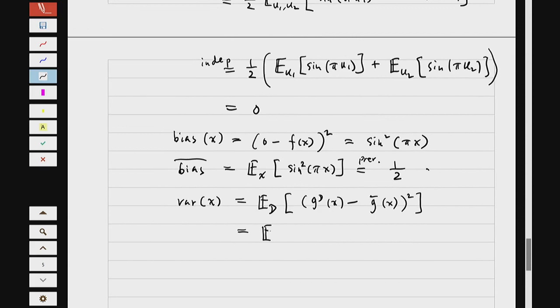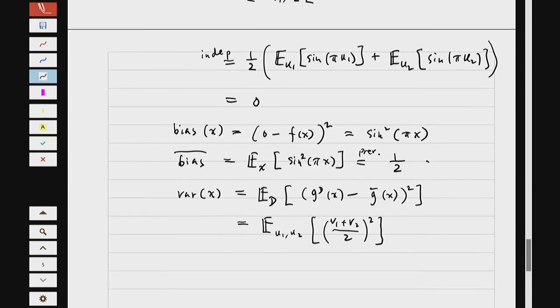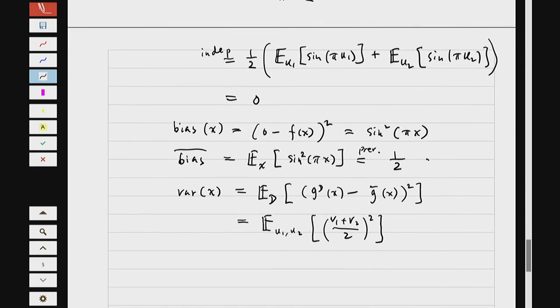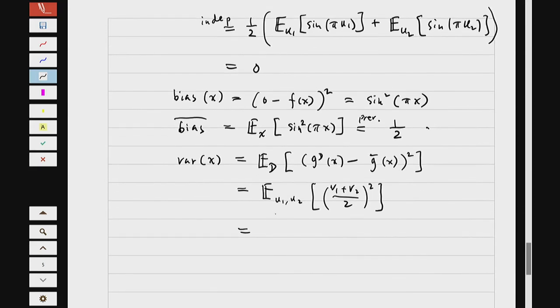And again, this D I can write as U1, U2, and G bar is 0, so this is V1 plus V2 over 2, that's our GD. Square that, that's the expectation that we have to find. Once you have this, then the rest will be simply algebra. So this is 1/4 because of the square.